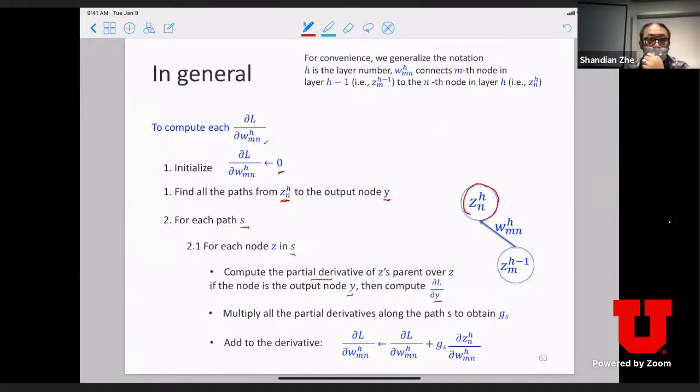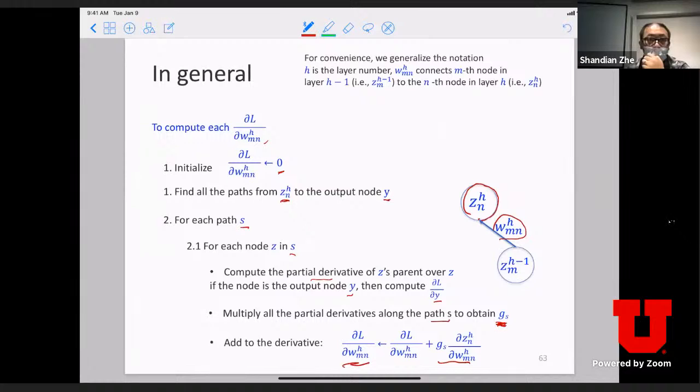Then you multiply all the partial derivatives along the path S to obtain this result G_S. G_S is not the final gradient, it's just part of the gradient. Then you multiply G_S with partial Z_n^H over partial WMNH. Don't forget the last step. You get one result, you add it into partial L over partial WMNH. You finish one iteration.